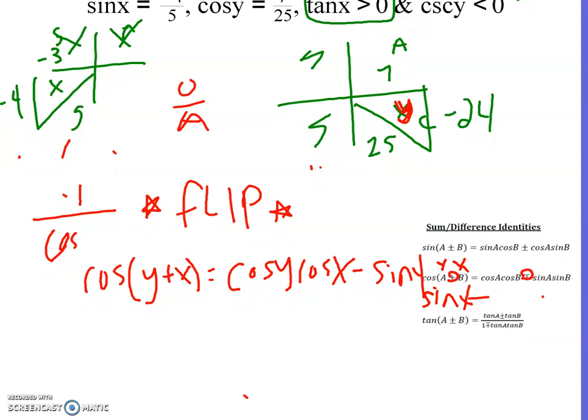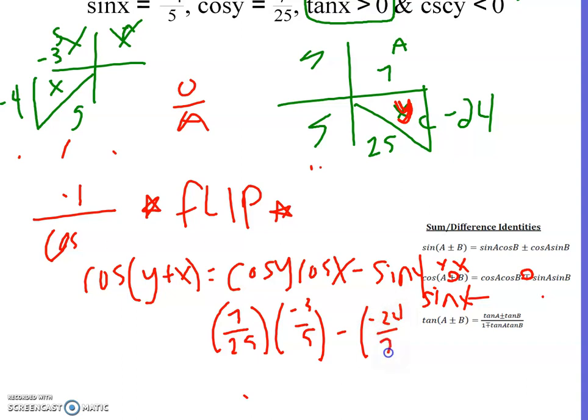Okay. Now look at my pictures. Cosine y, adjacent, so it's 7 over 25. Cosine of x, negative this. These negatives are going to matter. Make sure you're putting them in. Sine of y, negative 24 over 25 times negative 4/5. Okay, here we go.